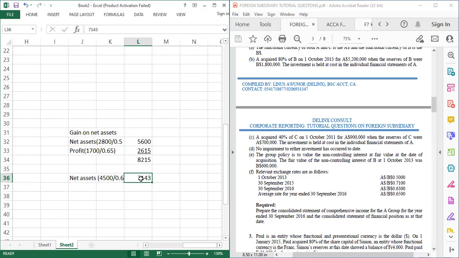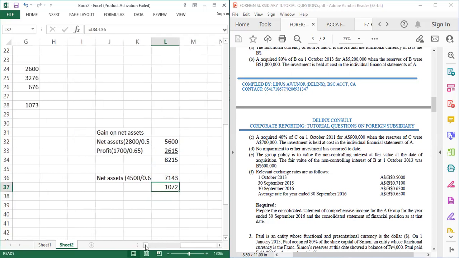So what is happening? We can see that we are getting a loss, isn't it? So our loss will be how much? 1072. Okay. Did you get 1072 today?